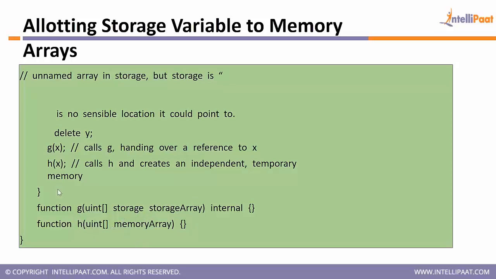Whenever I'm passing data to G, I should be passing a storage array. When I'm passing the data to H, it creates a copy of my data. So G is pass by reference and H is pass by value.